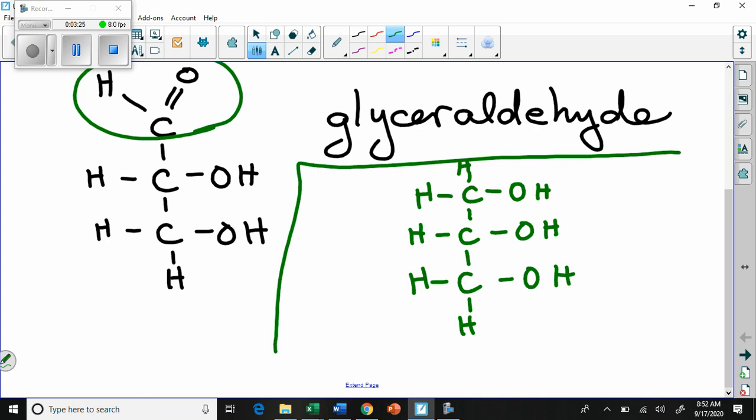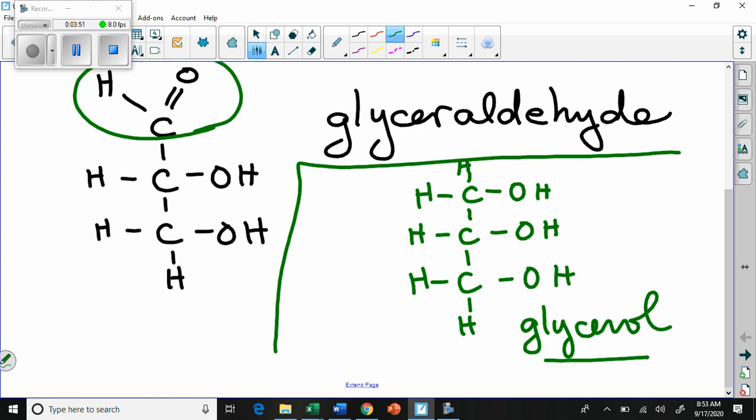It has hydroxyls. So which class of molecules would you put this one in? Alcohols. Its name is glycerol. And this is the one that's going to become the formation of the fats and lipids. It's the one we're going to see more often. So I just wanted to point that out.